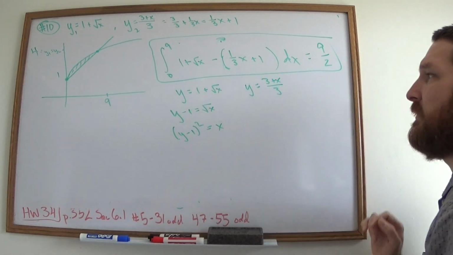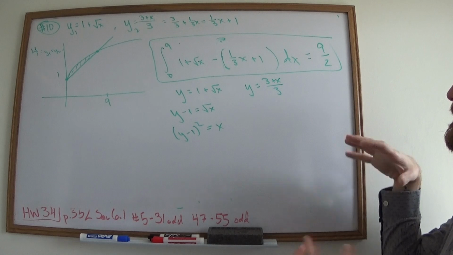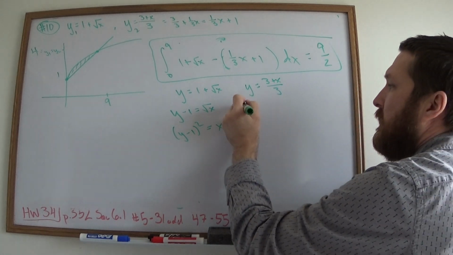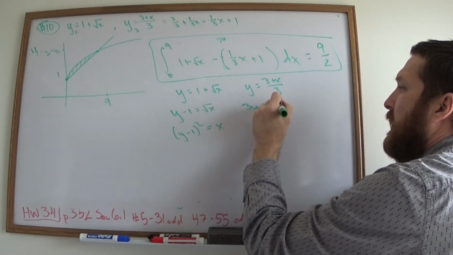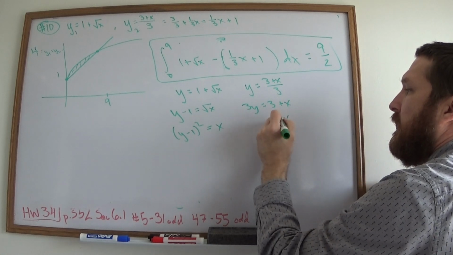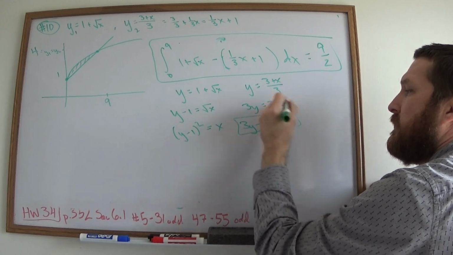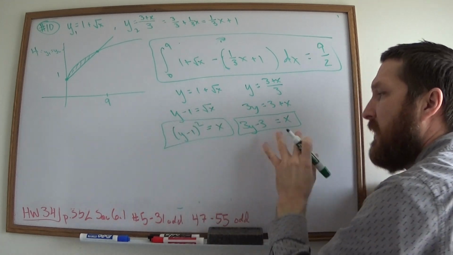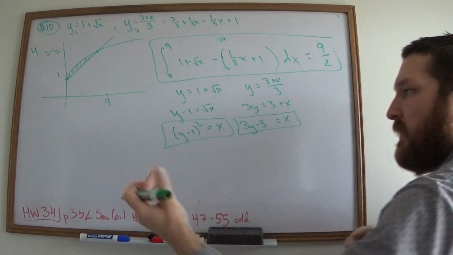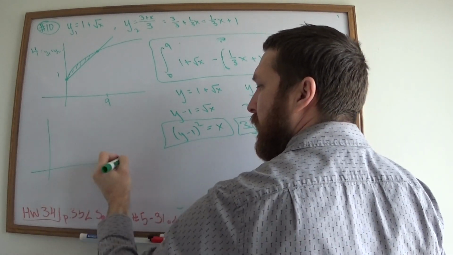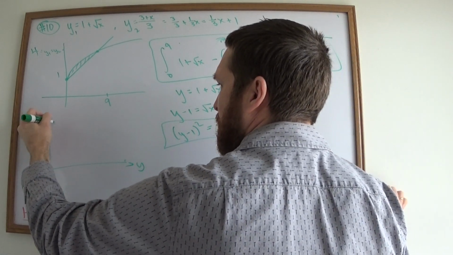So this is what you're given. You might think it might be easier if I get this in terms of that. And now I get 3y minus 3. So there's my one function. There's that. Now I just reinterpret these guys and I draw them. They're exactly the same thing.